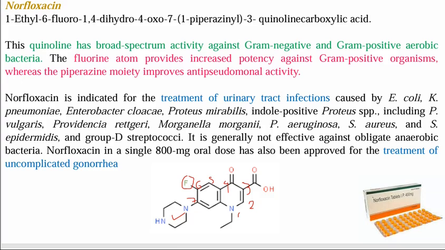Norfloxacin is the first drug we had as a semi-synthetic fluoroquinolone, in which you can see there are three conditions applied in the IUPAC name itself. We needed a 6-fluoro substitution, so it has the 6-fluoro position, and a 7-piperazine ring, which is attached to the first nitrogen atom, and a 3-quinoline carboxylic acid.